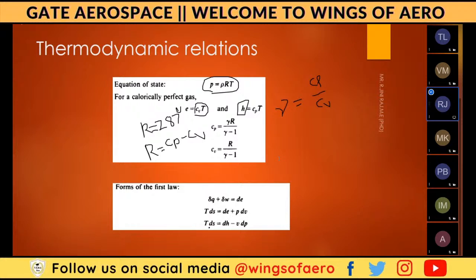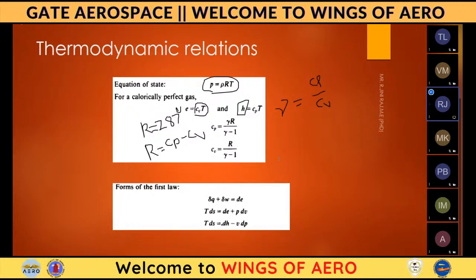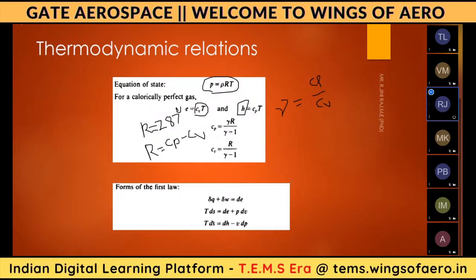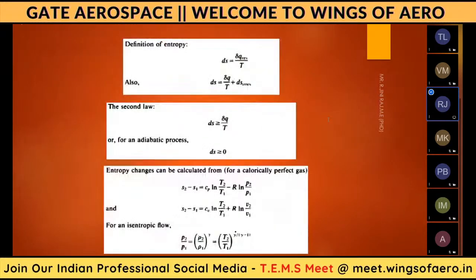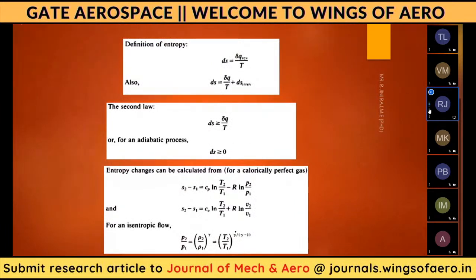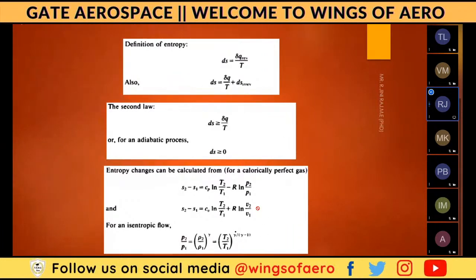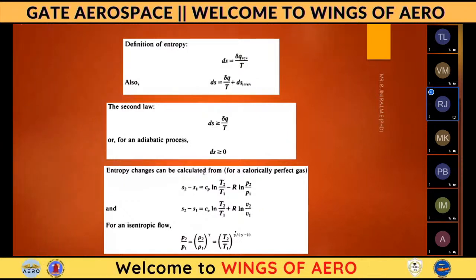Since H equal to U plus PV, by substituting that, TdS equal to dH minus V into dP. So first we need to know the formulas for enthalpy, entropy, then isentropic relations. You have to learn these by heart, or study all these equations in thermodynamics itself, because with these equations only we can find the relations.